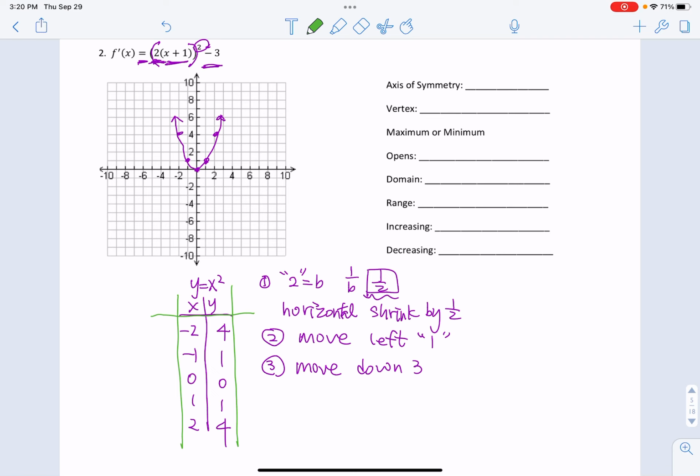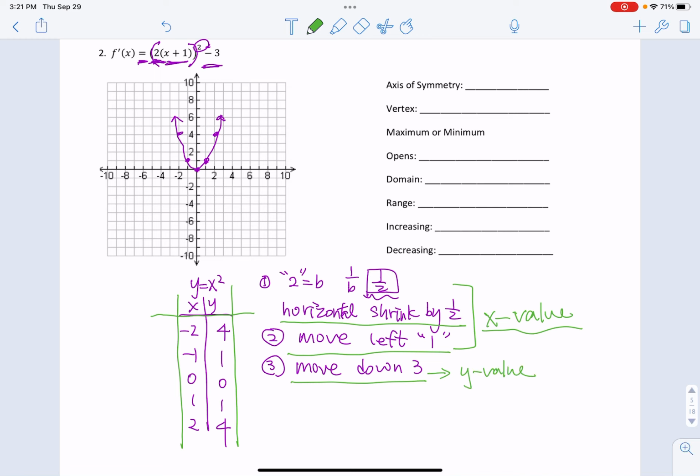Because of the horizontal shrink by 1/2 and moving left 1, these two represent effects on the x value, a new x value we need to find. Moving down 3 is a translation up or down, which means the y value changes, so we have to find the new y value.